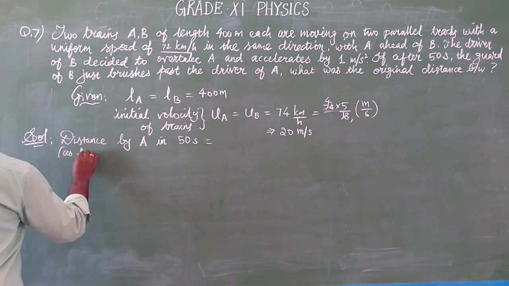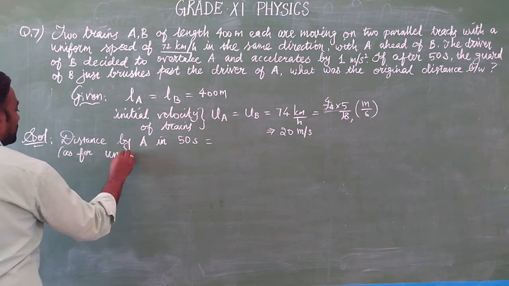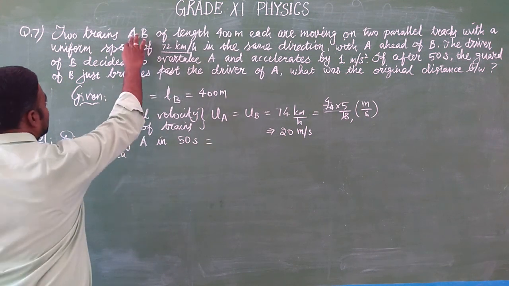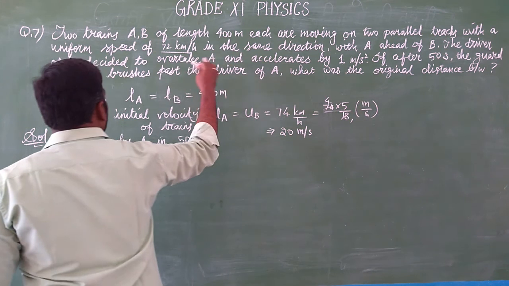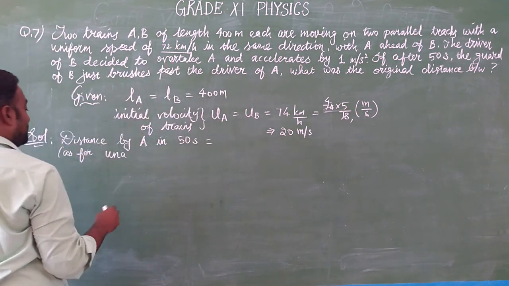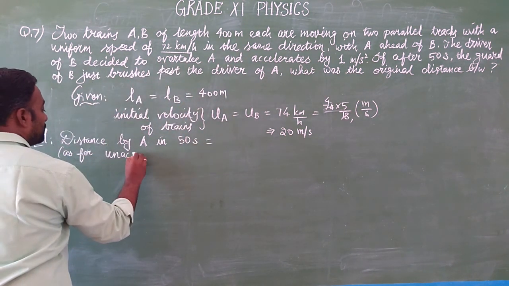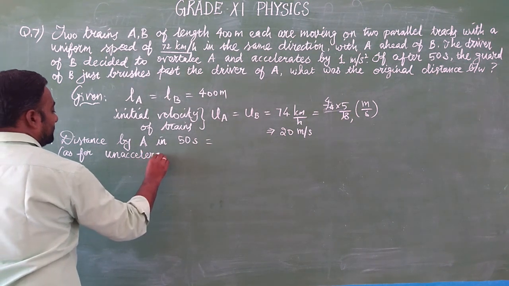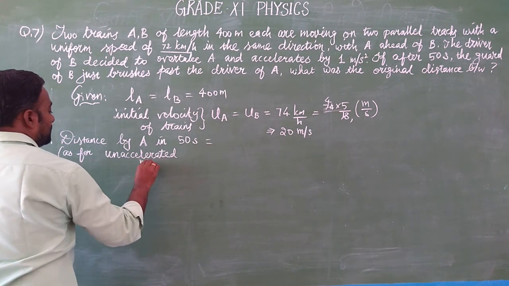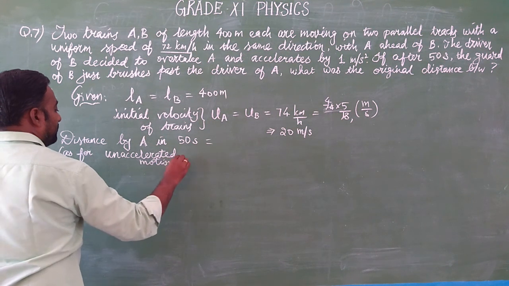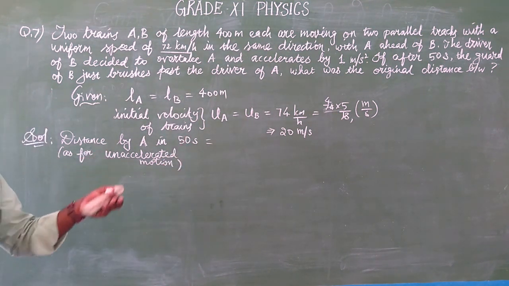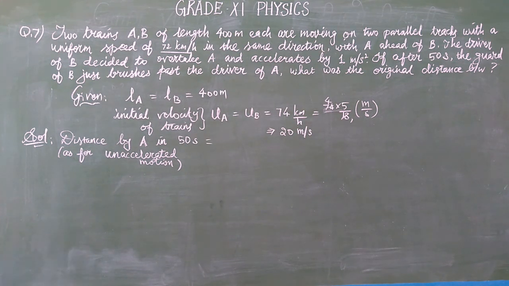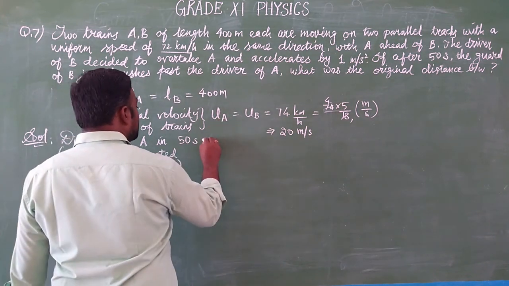It is an unaccelerated motion, which is very important. Train A is not accelerated, only B is accelerated. B overtakes A with an acceleration. So A is in unaccelerated motion, and we can find the distance. What is the formula? Distance is equal to speed into time, since speed is equal to distance by time, so distance is equal to speed into time.